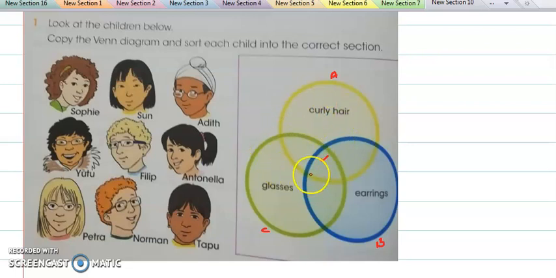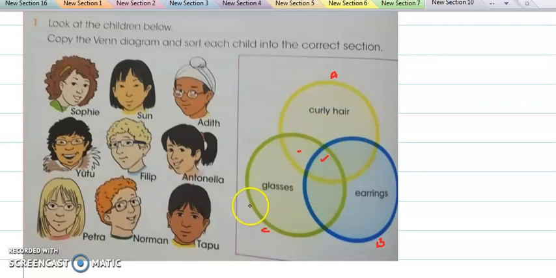So if anything has all three qualities, we will put it here. If anything has the qualities of A and C, we will put it in this region. If anything has the qualities of A and B, we will put it in this region. And if anything has only separate qualities, then we will put it according to its qualities.